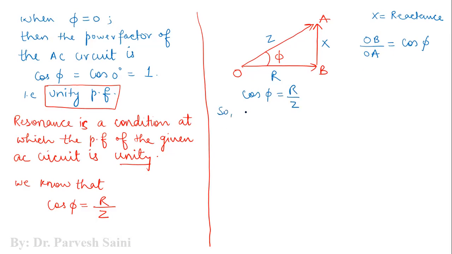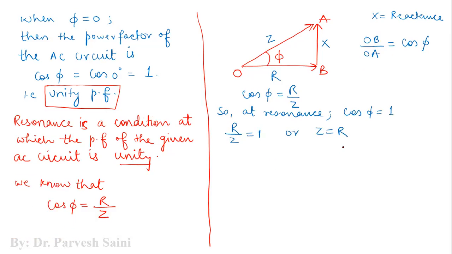So at resonance, because cos phi is 1, R by Z is also equal to 1, or Z is equal to R. Now what does it mean?